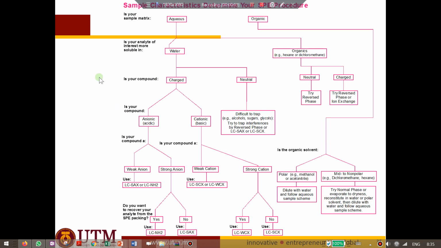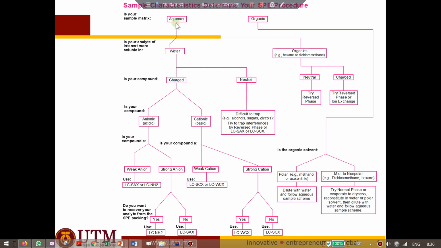Okay, if we can see here, we have what we call the diagram that will be able to somehow give you the idea how to perform the SPE procedure. Let's say the first thing you may think about is, is your sample aqueous or is your sample organic?